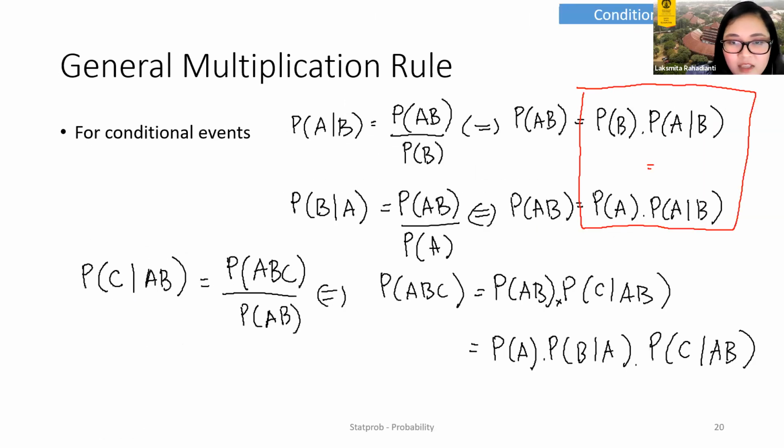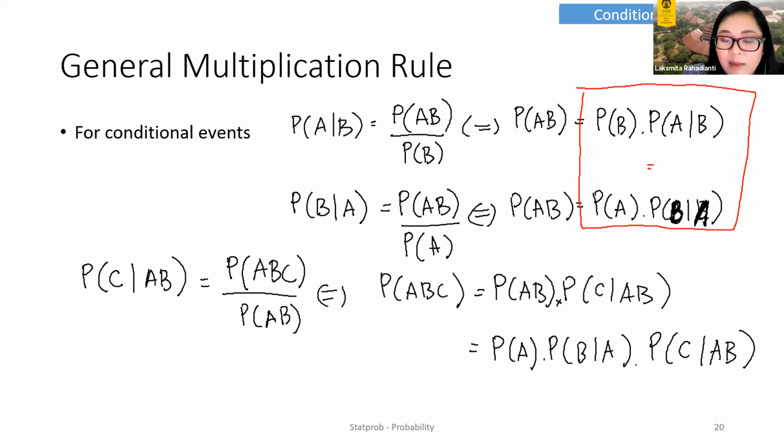But remember that I could do it both ways, right? Let's go back. Oops, sorry, I just realized this is opposite. This is wrong. My bad. This is BA. This is the other way around.